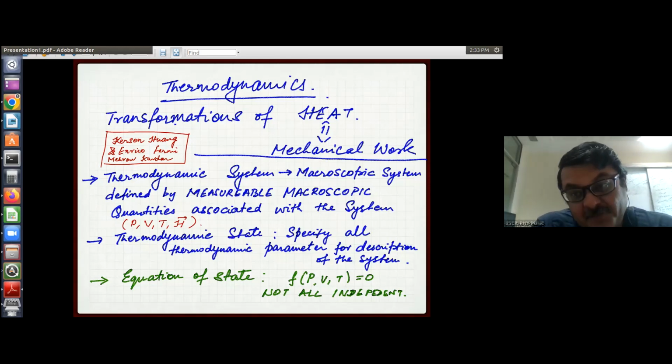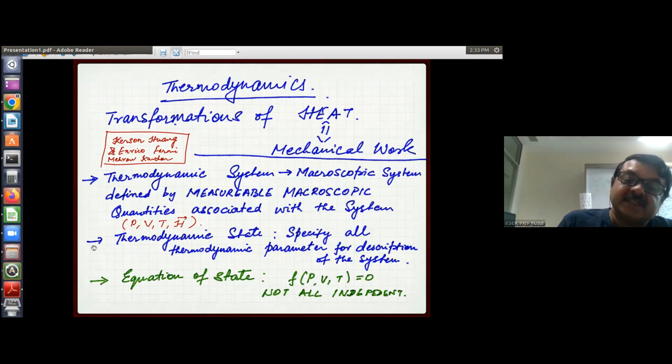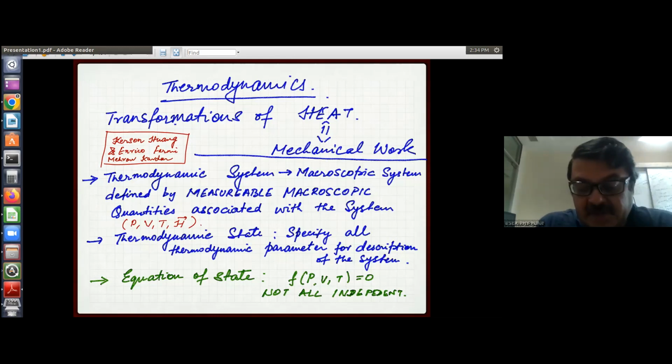Whereas if you specify the microscopic interactions, the microscopic degrees of freedom, using statistical mechanics, you can derive the equation of state. And while you derive it, you of course want to match it. So what is the input? There will be microscopic degrees of freedom. If you're talking about a magnetic sample, then you will be talking about how many magnetic moments or spins are sitting at different points in the lattice, and you will also be specifying the interaction.